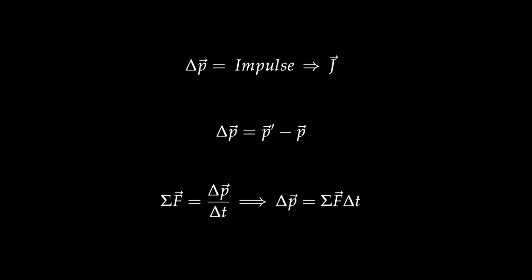Here on the lower right, I have my impulse equation. Delta P is equal to sigma F delta T. The delta P, as I said, is inevitable. The car is crashing. Your momentum is going to go from whatever it was to 0. The change in momentum is fixed. If I can make delta T on the right-hand side of the equation larger, that means that F will be smaller.